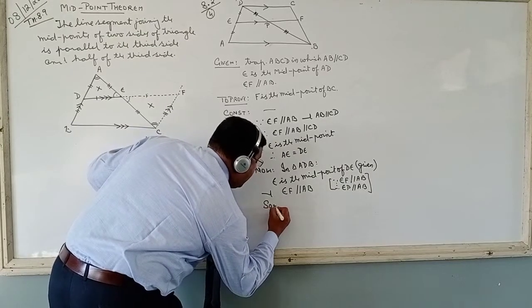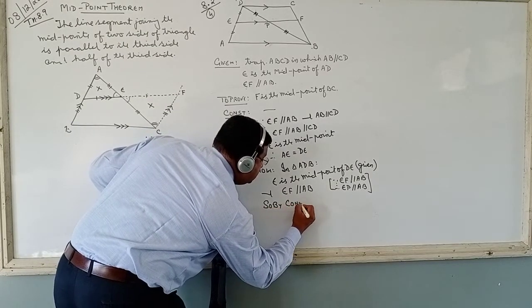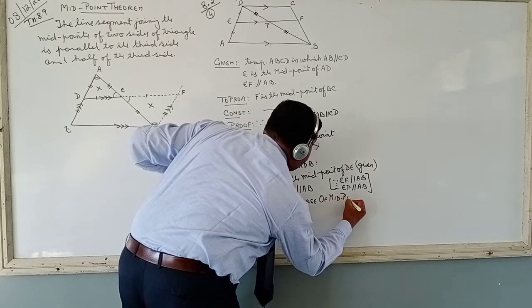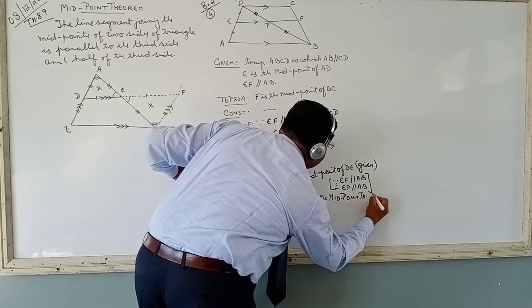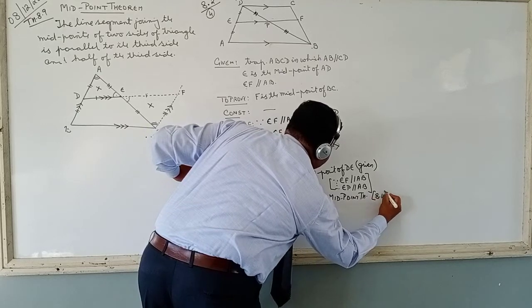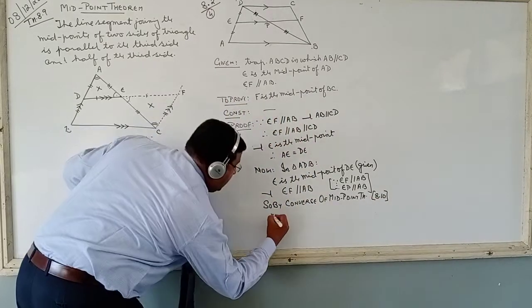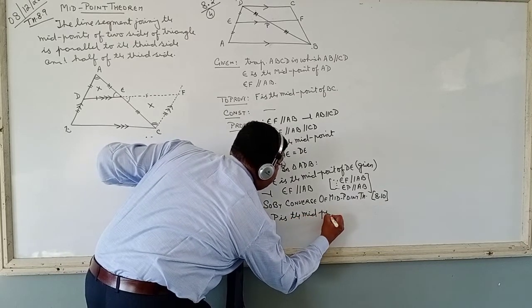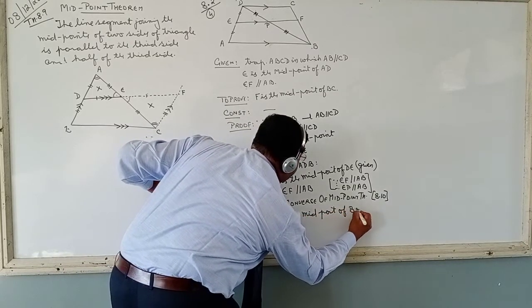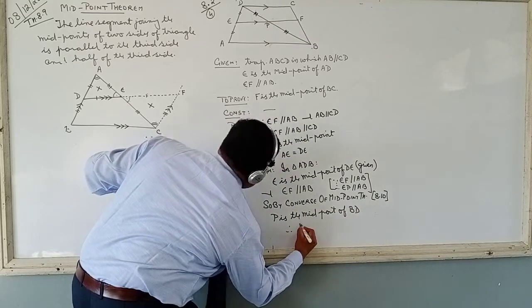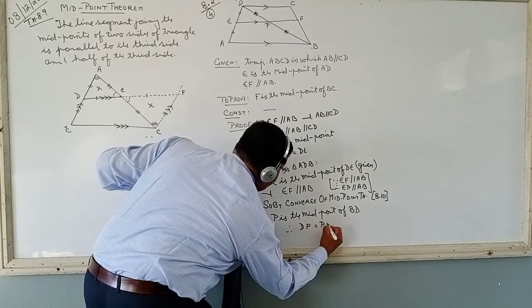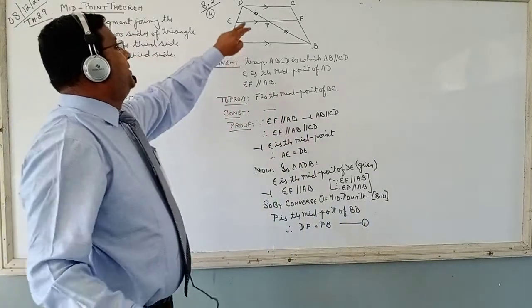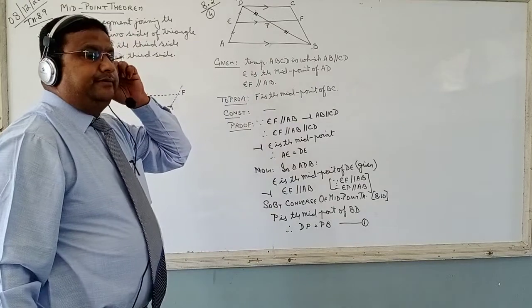So by converse of the midpoint theorem, which is theorem 8.10, P is the midpoint of BD. So therefore DP is equal to PB. Equation number one.